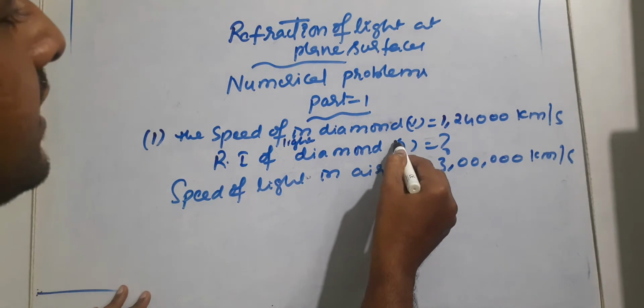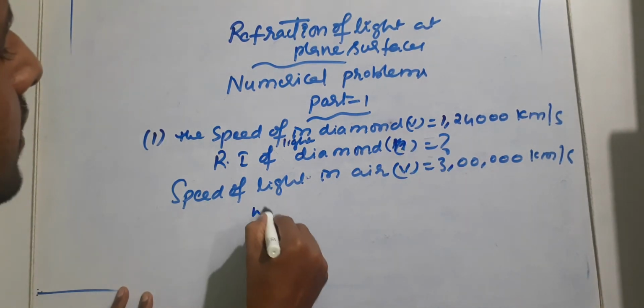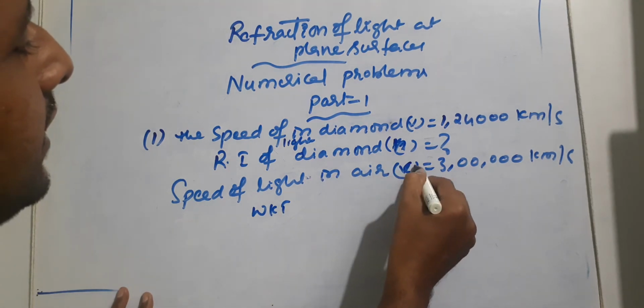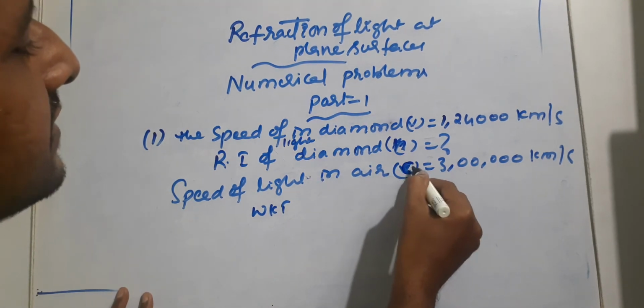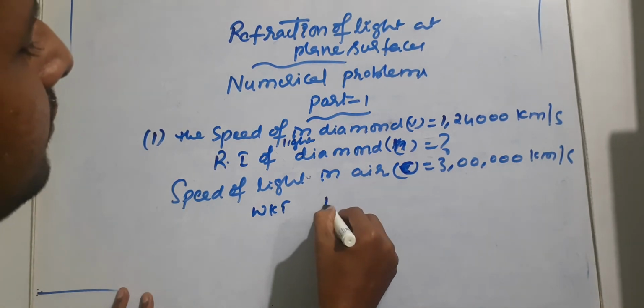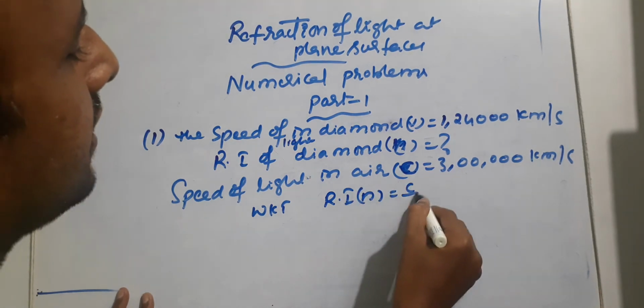So it is taken as n, small n, is a question mark. We know the formula, but the speed of light in air is here taken as c, students. We know the formula for refractive index: n is equal to c by v.